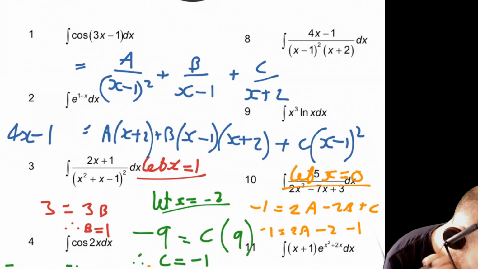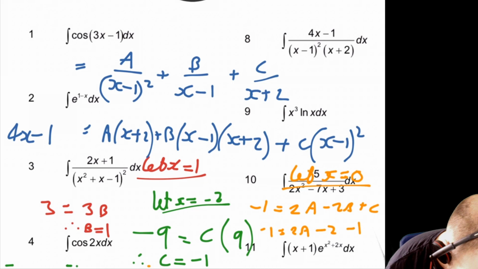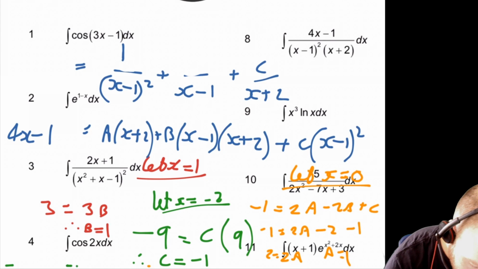Let's add all that, so you get minus 3 on one side, add it to the other side, minus 2. So we're going to get 2 is 2b, b is 1. So going back up to the top, a is 1, b is 1, c is minus 1.